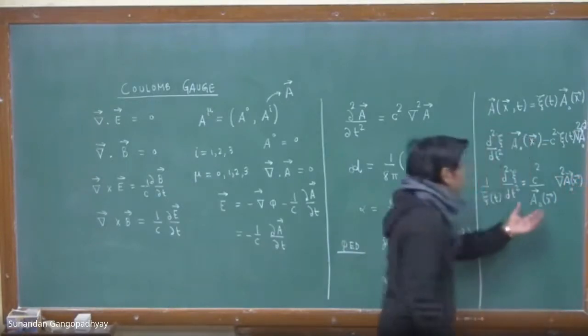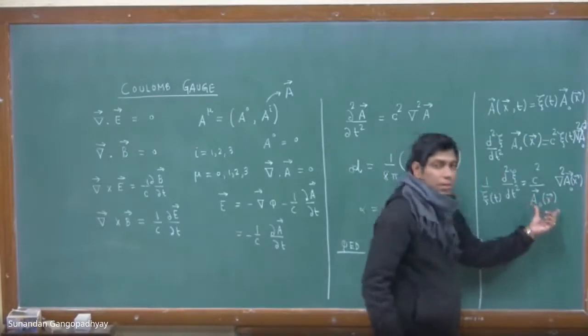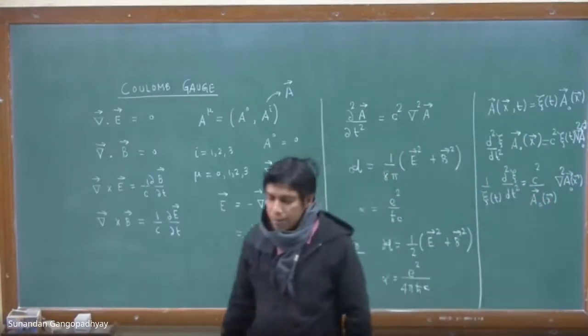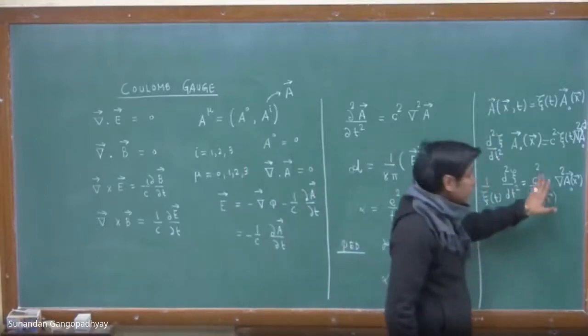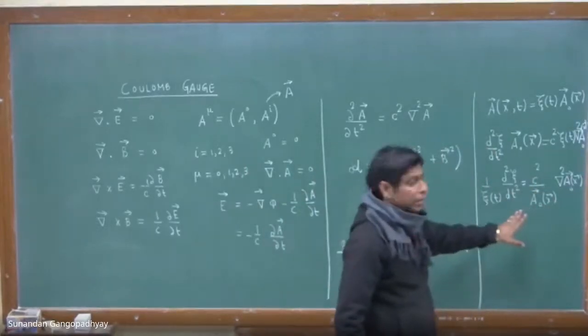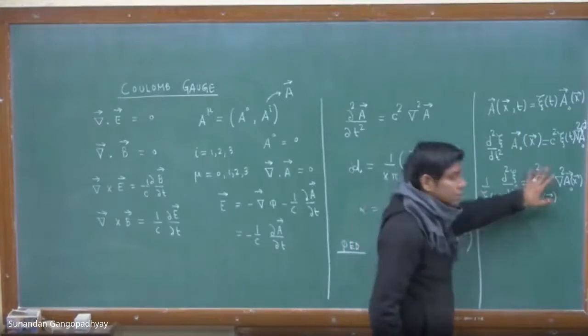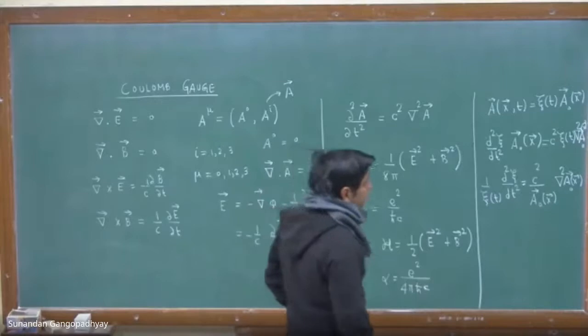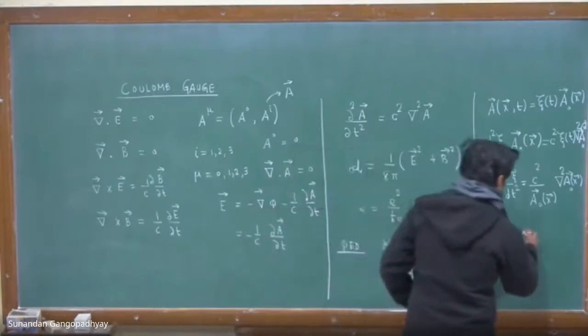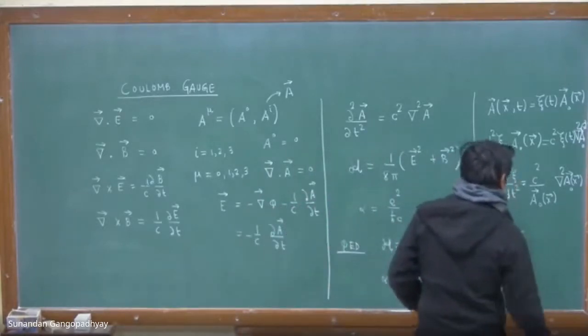You see, you have a vector sitting in the denominator, but this is just a formal way of writing this equation. One over a vector quantity is not well defined, but this is just a formal way of writing this thing.